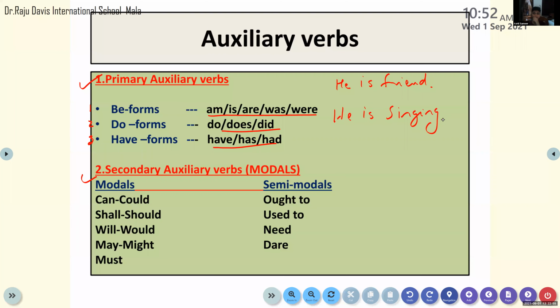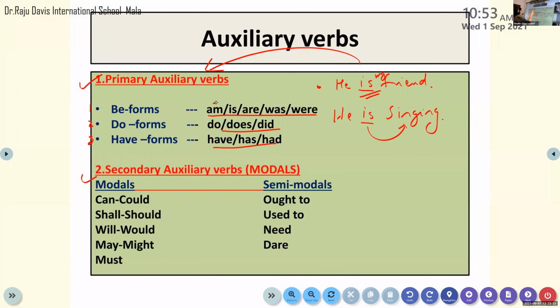Look at here. In the first sentence, he is my friend, is is the main verb. In the second sentence, is is an auxiliary verb, isn't it? Yes, ma'am. Because it supports singing, the main verb. So an auxiliary verb can also play the role of a main verb in a sentence. That is why it comes under the category called primary auxiliary verb.